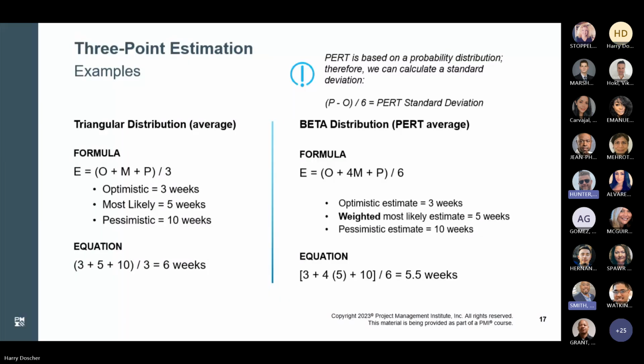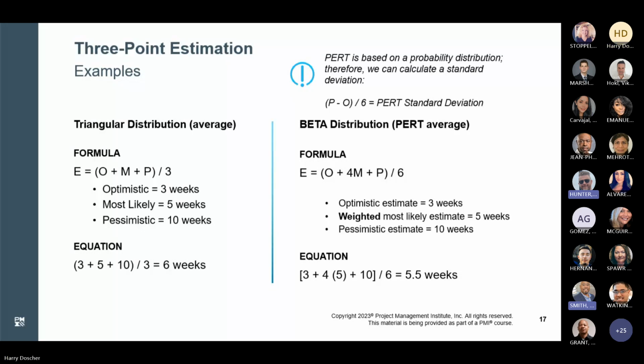All right. Some 3-point examples. Regular old triangular distribution, or average. The formula is that the estimate is equal to the optimistic plus the most likely plus the pessimistic estimate, divided by 3.